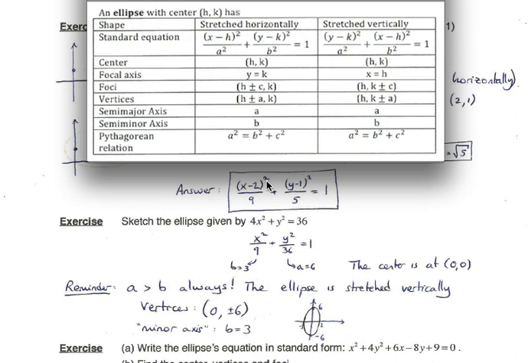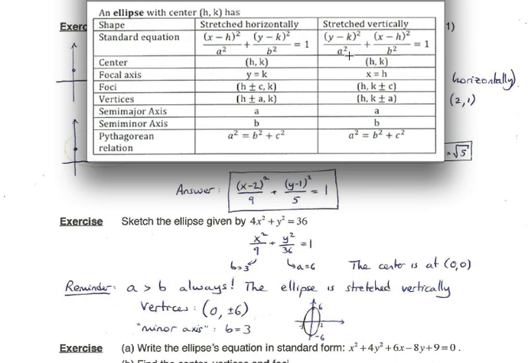Which column are we in? Are we in the first column? Are we in the second column? We said that a equals 6, so a is with the y term here. It's y squared over a squared. So if I compare my two columns, we are in the second column, because the y term, (y minus k) squared, is the numerator of a squared.